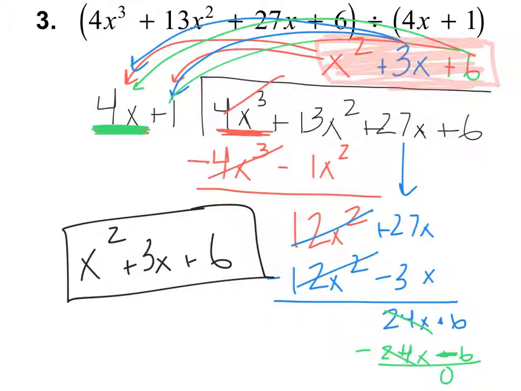I would have an answer of x squared plus 3x plus 6 plus a remainder, and this is just hypothetical, it would be plus the remainder of 4 over whatever it was you were dividing by, so 4x plus 1. And that would go right there.